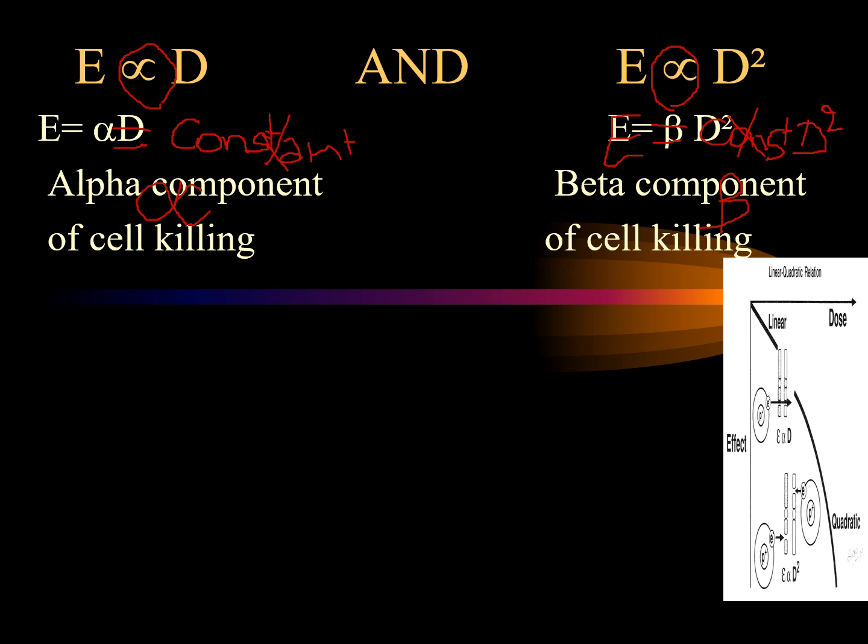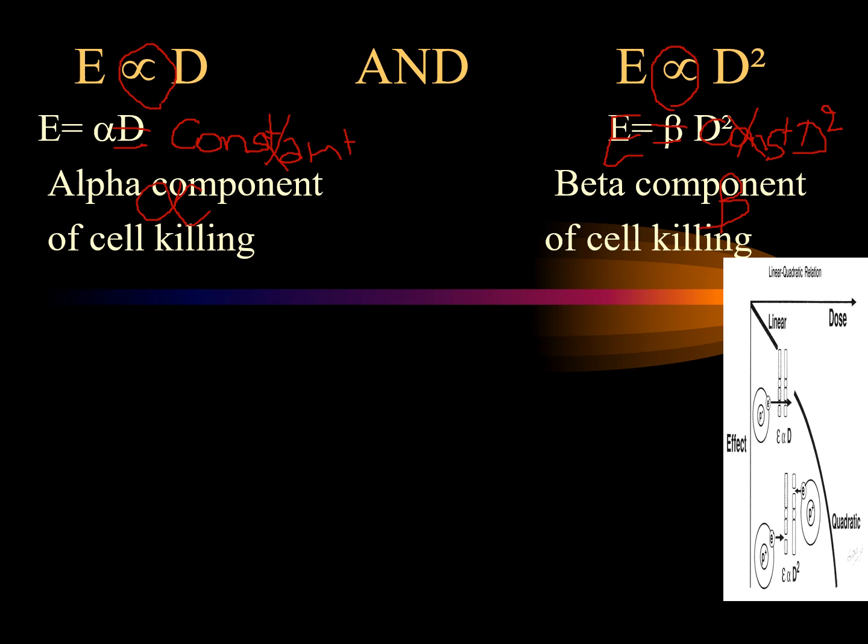The elbow is formed by the junction between the humerus and the forearm bones, the ulna and radius. So the elbow is not related to the alpha component of cell killing, and it's not related to the beta component of cell killing. The elbow is a point on the cell survival curve where the alpha component of cell killing is equal to the beta component of cell killing.